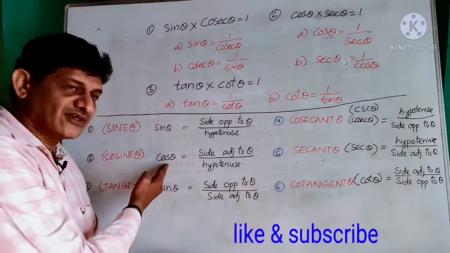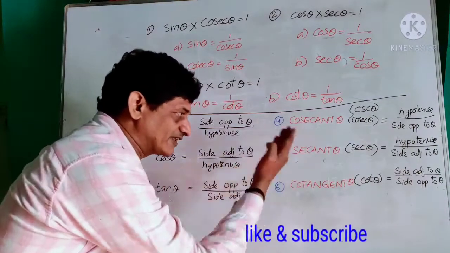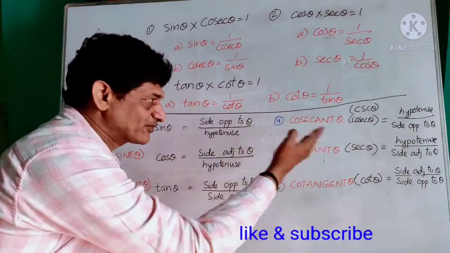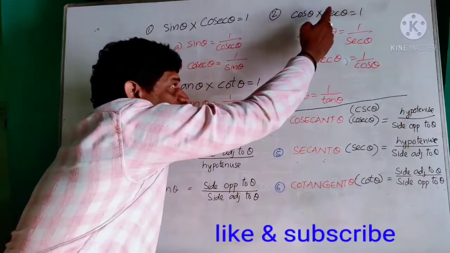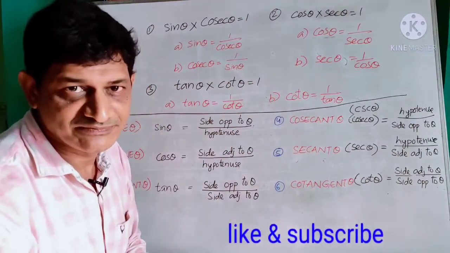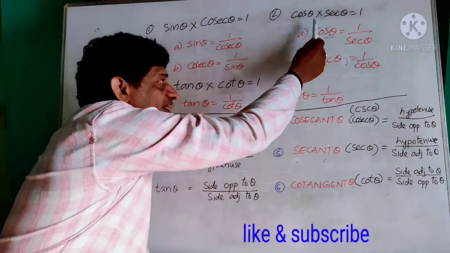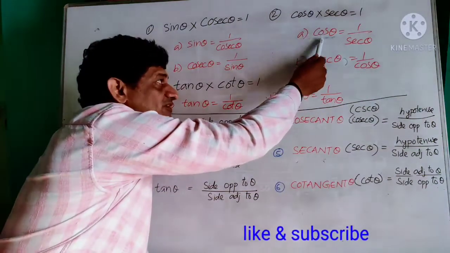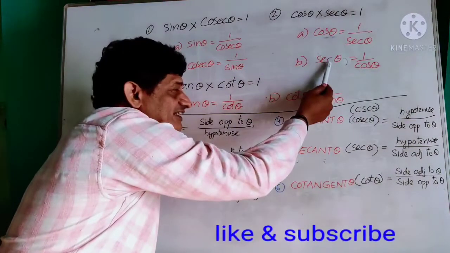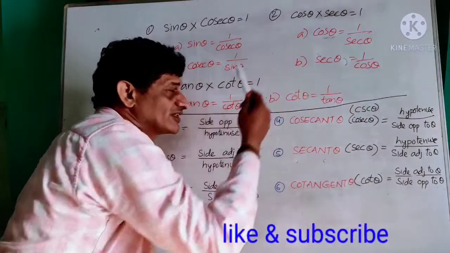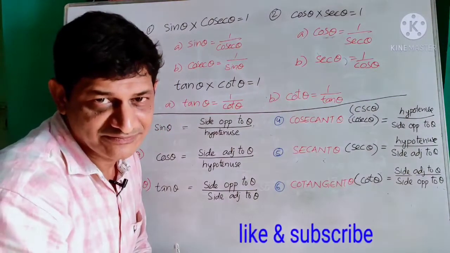And the second, cos theta, and fifth, secant theta, are also reciprocal to each other. So their product is also 1. Cos theta into secant theta equals 1. So from that, if you write cos theta as subject, it becomes cos theta equals 1 by secant theta. If you want to write secant theta as subject, transpose cos theta to that side, it becomes 1 by cos theta.